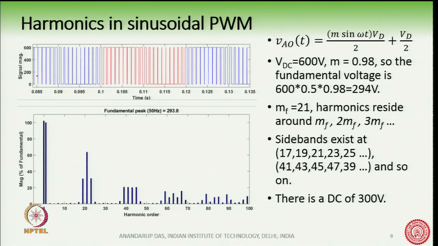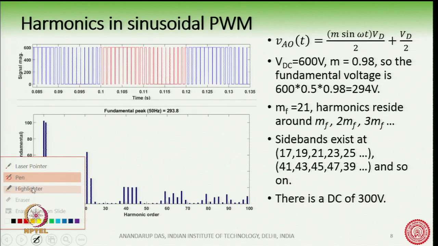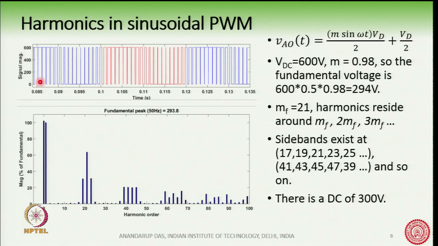So, on the top here, this is the VAO voltage waveform, and you can see this varying between 0 to 600, and in this case we have taken mf equal to 21. Okay. So, we expect that the harmonics will reside around mf, 2mf, 3mf, etc.